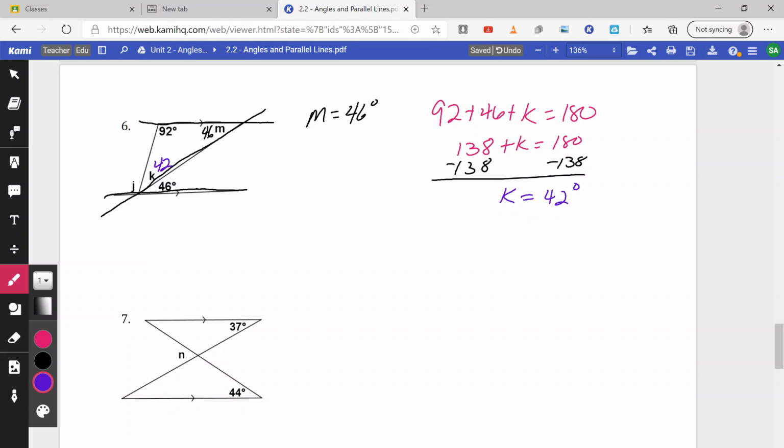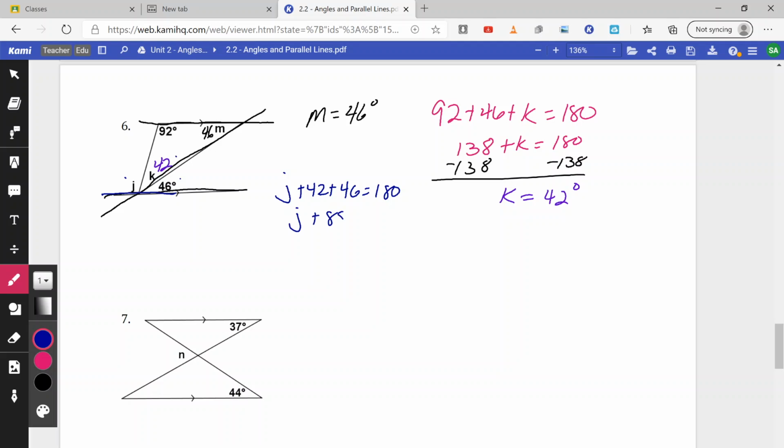And now I see from J all the way around, we have a line here. We know lines add up to 180 degrees. So I just add up the three angles that create this line. We have J, 42, and 46. So J plus 42 plus 46 is going to give me 180. Add my like terms.